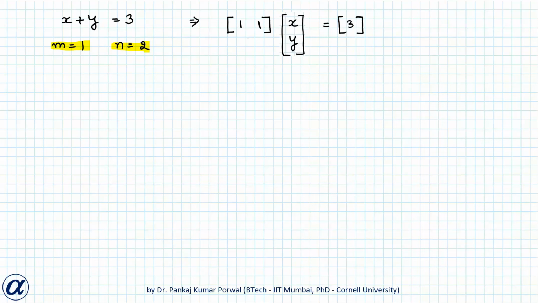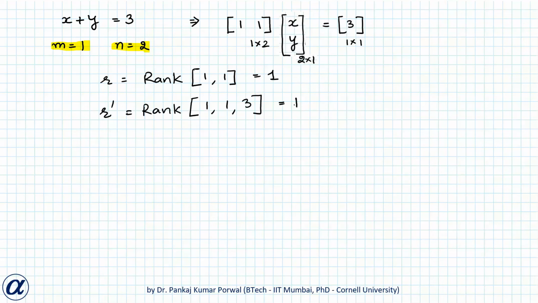Here the coefficient matrix is of size 1 by 2, the x vector is of size 2 by 1, and b is of size 1 by 1. The rank of the coefficient matrix R will be just 1, and the rank of the augmented matrix, that is R prime, also will be 1, and we have the case of R equals R prime less than n.